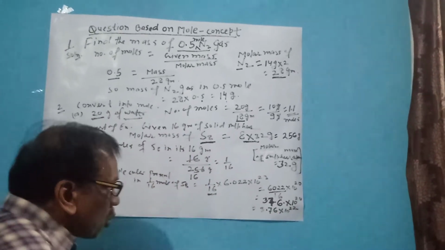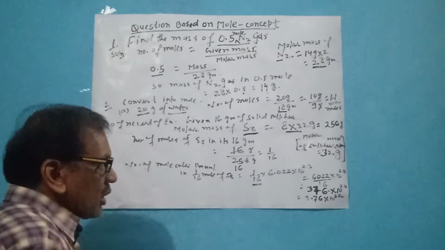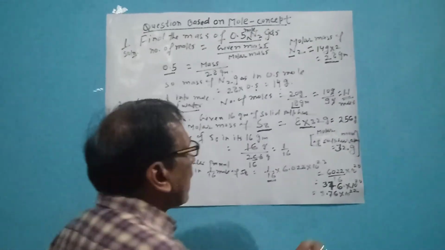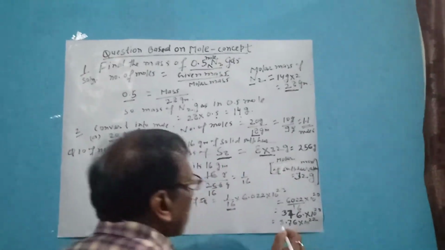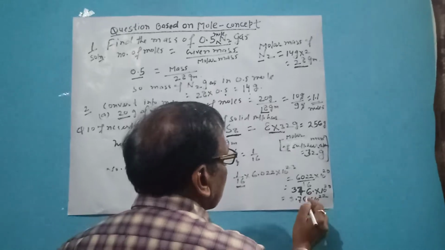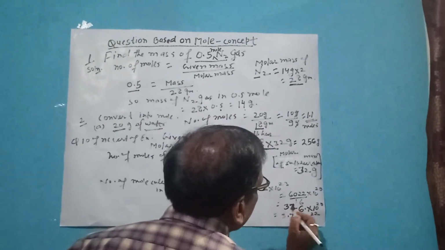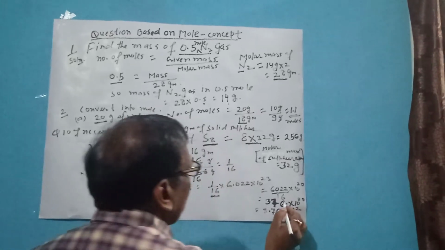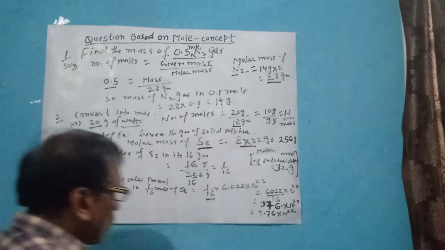If we shift the decimal 2 digits to the left, then we have to increase the power by 2. So 376 point is converted into 3.76 into 10 to the power 22.